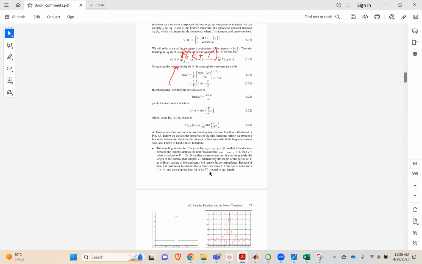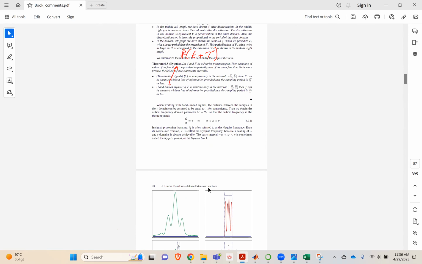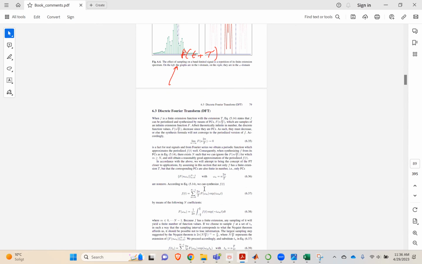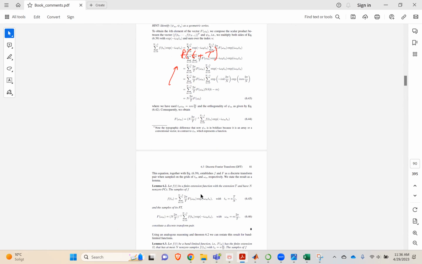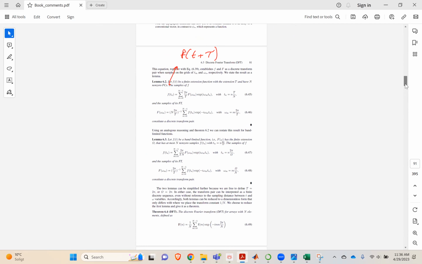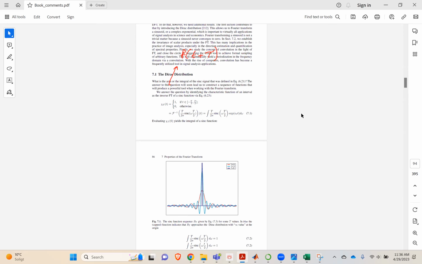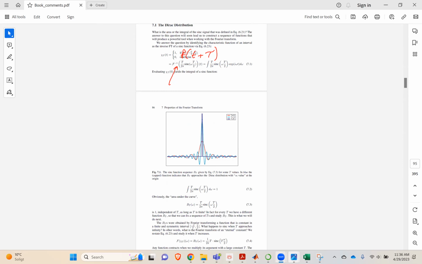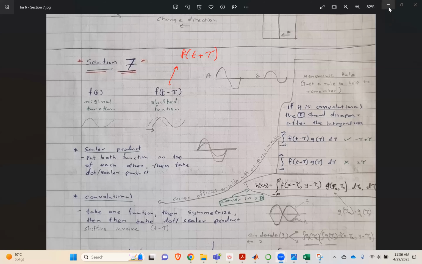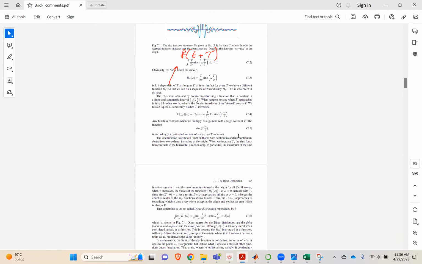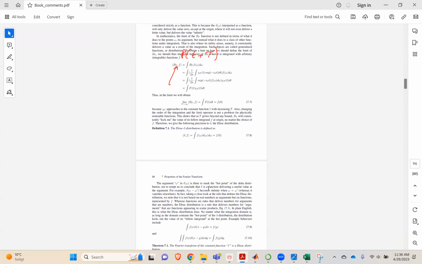They have actually set up equations with tau. Now I cannot find the place exactly, but I took it directly from the book. I think it's section 7, because in my notes I wrote 7 here.